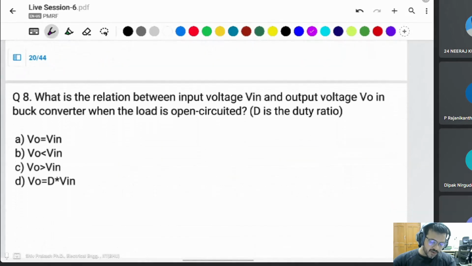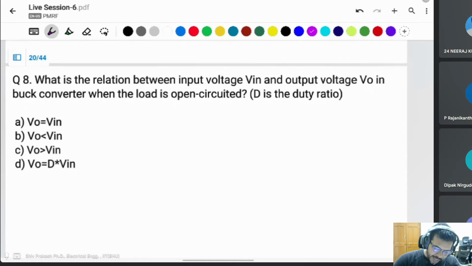The next question is: what is the relation between the input voltage Vin and output voltage V naught in a buck converter when the load is open circuited? Okay, can anyone guess this one?